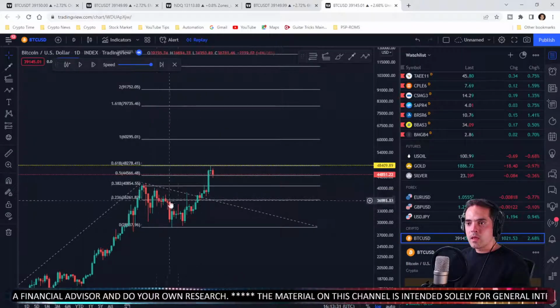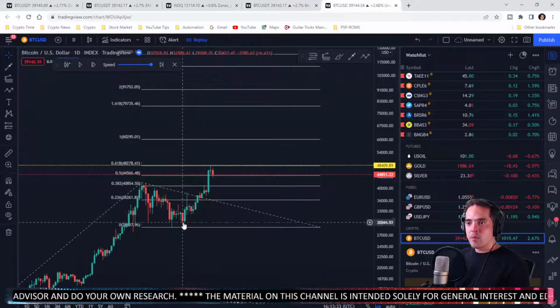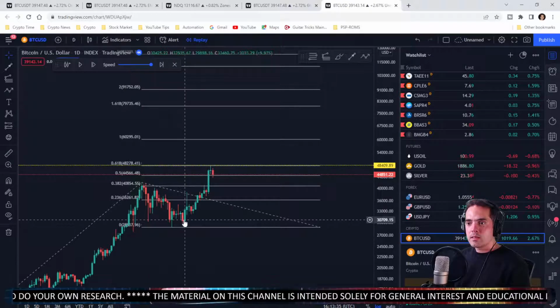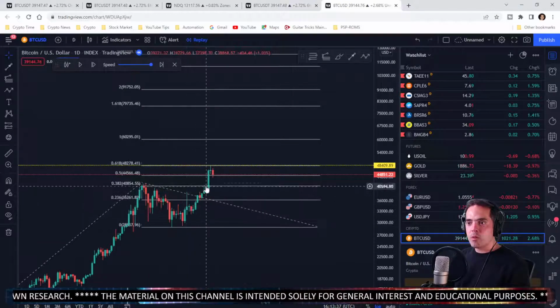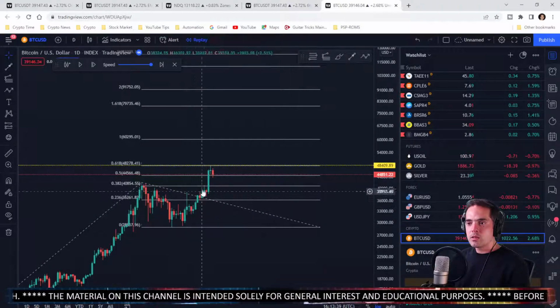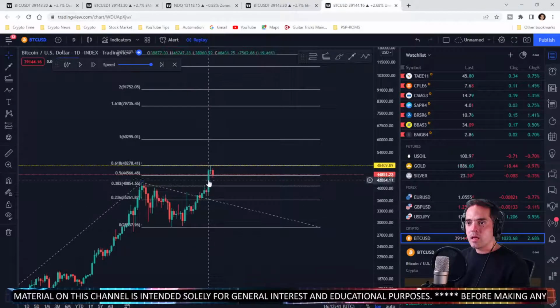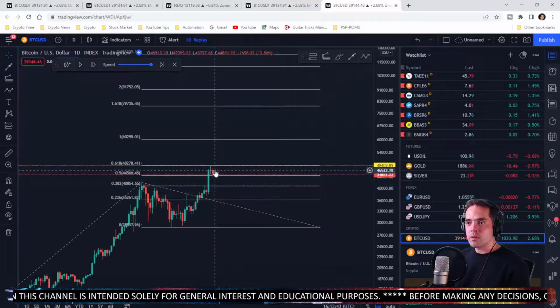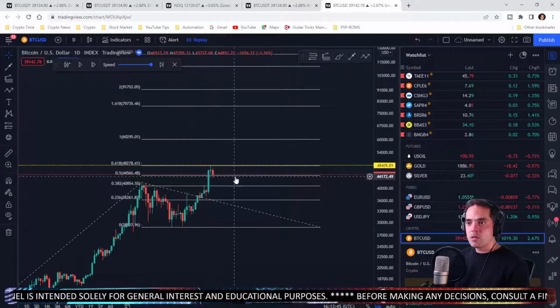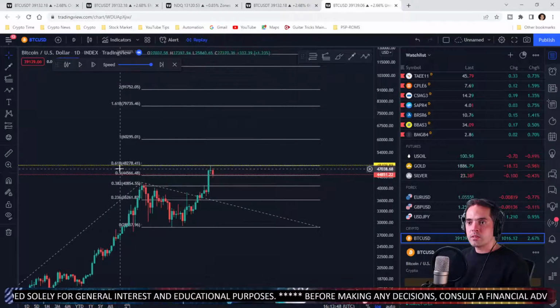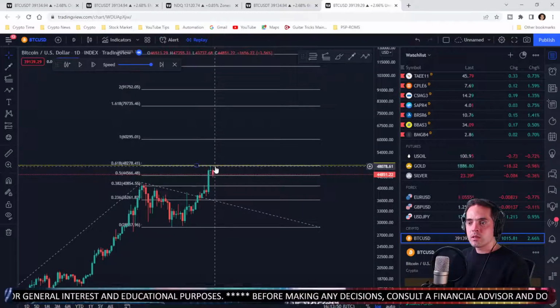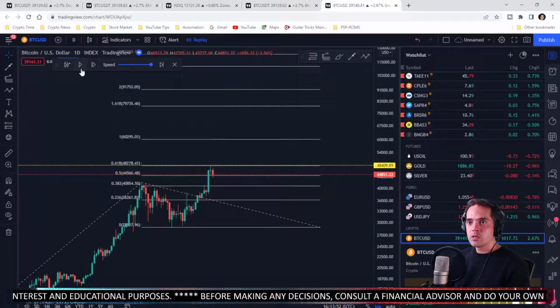You see, after the pullback, the price gains momentum again and is going up once again. So now it just reached the 0.618 region. Okay, so let's play.